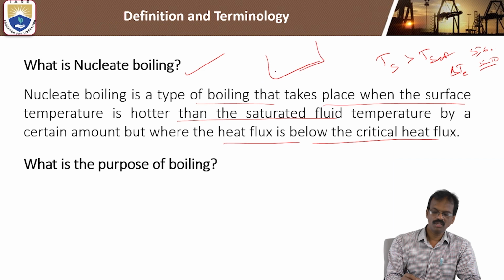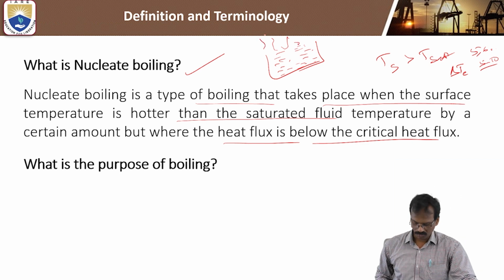In nucleate boiling, due to the effect of buoyancy, the lighter heated particles move in the upward direction. Automatically, this water is converted to vapor like this one. That is nucleate boiling.